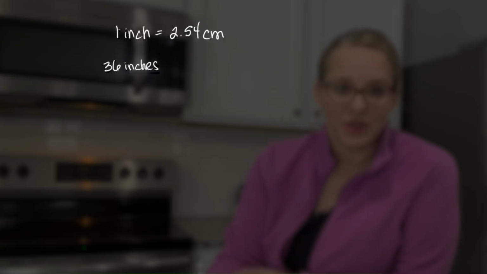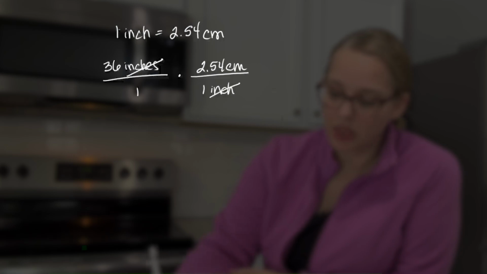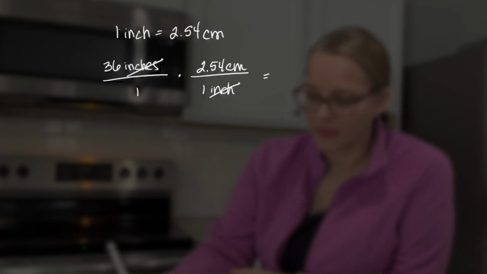So you put the 36 inches on the top and put that over 1, and you just do the conversion factor just like we've done before. Times, we want to put our inches on the bottom so we can cross them out. 1 inch and 2.54 centimeters. So now my inches can cross out, and I multiply across. 36 times 2.54, and what are you going to end up with? 91.44.